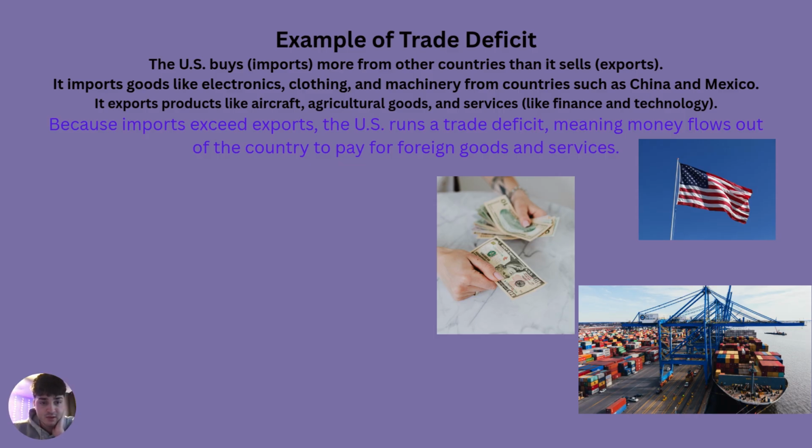Because imports exceed exports, the US runs a trade deficit, meaning money flows out of the country to pay for foreign goods and services. So basically, we buy more than we sell. So we're spending more money than we receive by selling our own products. So we're losing money in the process of buying things, instead of breaking even or making more money.